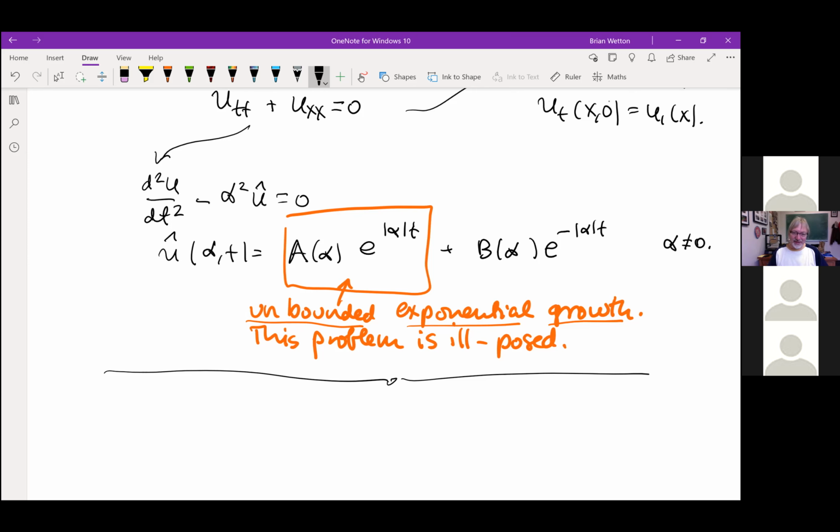Back in the old days, floating point representation used to be single precision, so 6 digits, right? And people would talk about an ill-posed problem being one where your loss of accuracy during the computation was so big that you had very few significant digits of accuracy left in the solution.